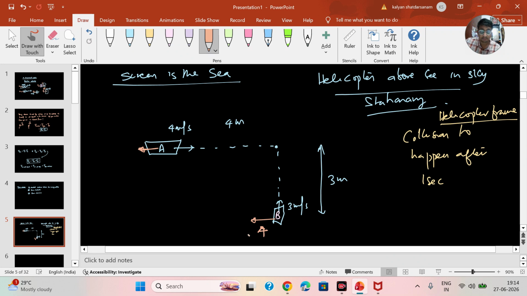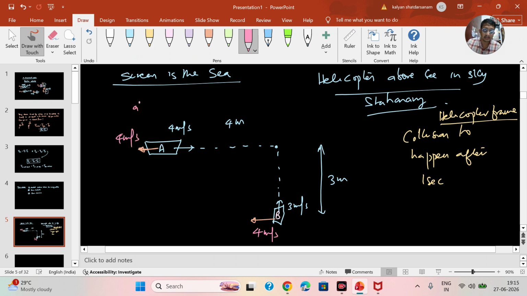The sea is probably stationary, but in A's frame, you must add -4 to the sea water also. This -4 is also added to the helicopter. So in ship A's frame, the helicopter is also moving to the left.